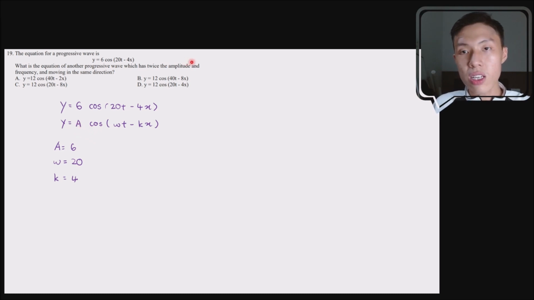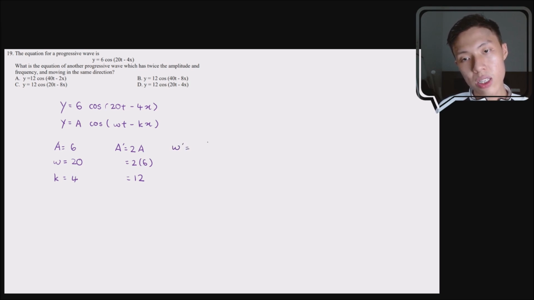So for the new situation, we have twice the amplitude. I can say the new amplitude will be equal to 2 times the old amplitude. Therefore, it should be equal to 2 times 6, which is 12. You also know that the frequency will be twice the original frequency. So how do you relate the new to the old?